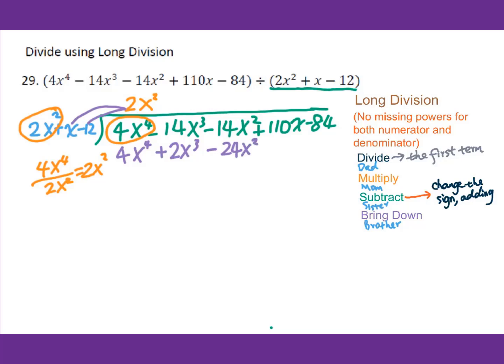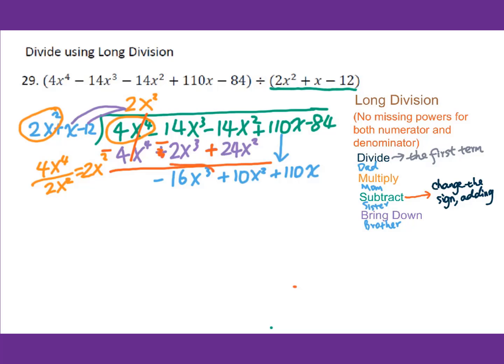Then remember, change the sign. Then adding. First term is gone. We got negative 16x to the third power. Then plus 10x squared. Bring down plus 110x.